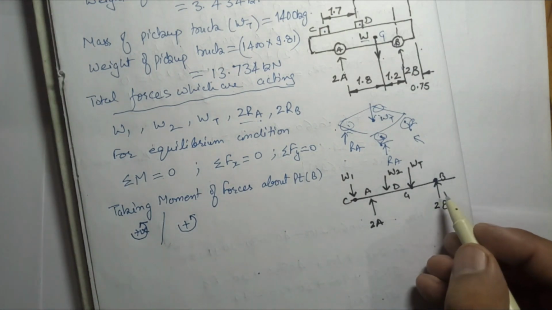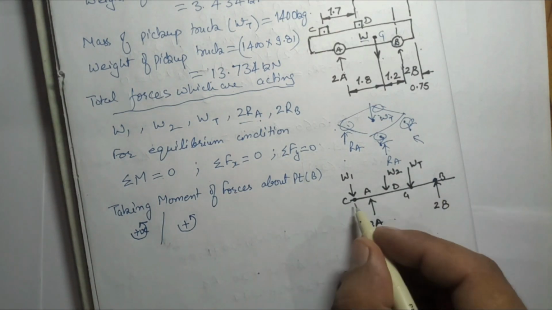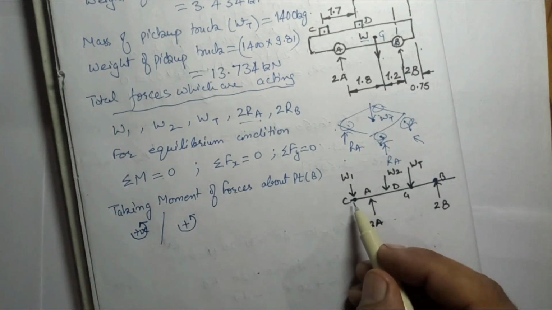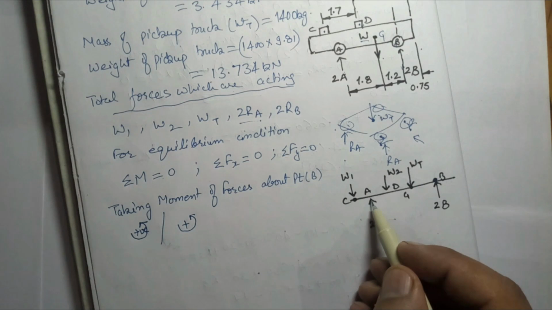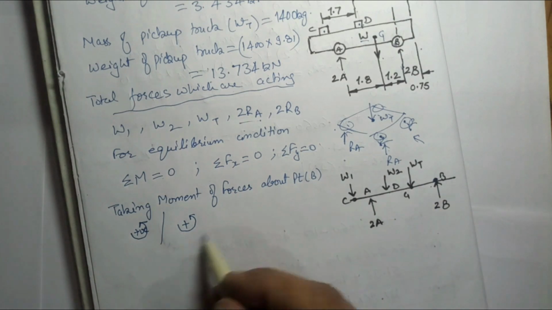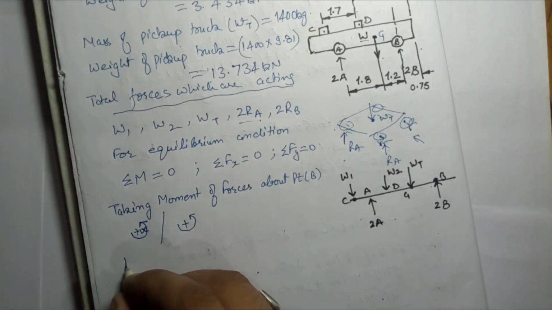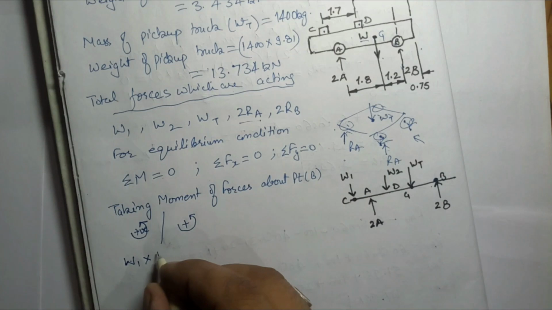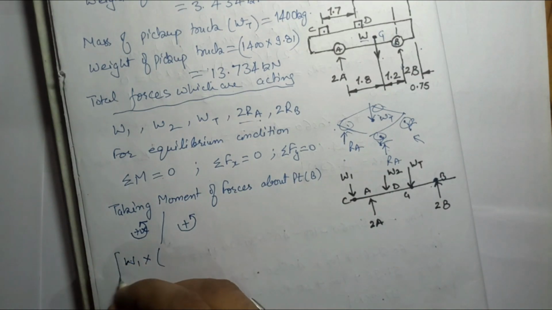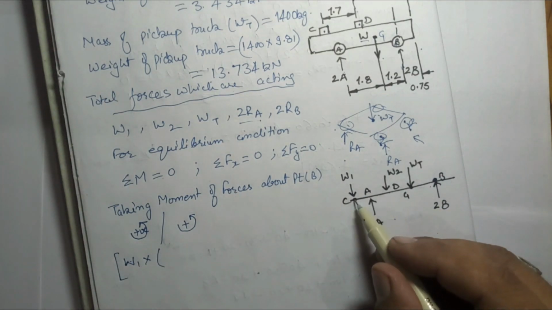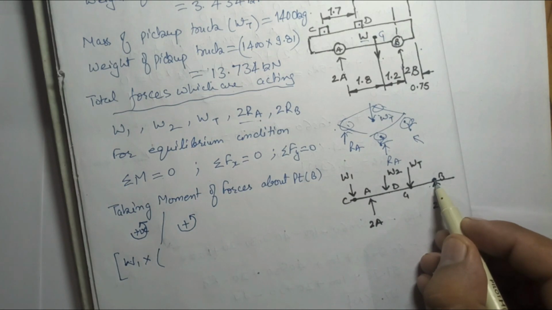So we will write the equation. First we will start from the first force, then distance, second force, distance, third force, only taking the direction. So let's see, first is W1. So I will write W1 into, now what is the distance from W1 to B? Force into perpendicular distance.